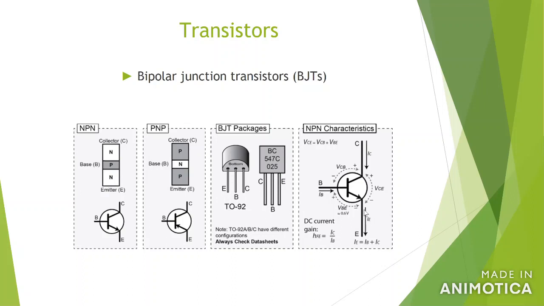And we have IE, which is the current flowing out from the emitter. So IE is equal to IB plus IC. And IB usually is very small, but IC is much larger compared to IB.